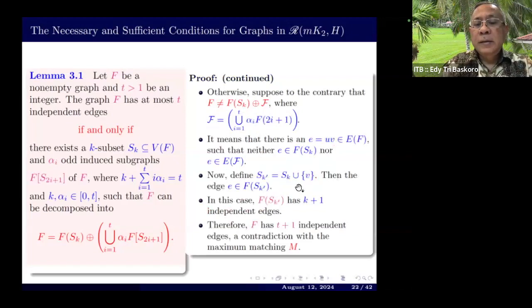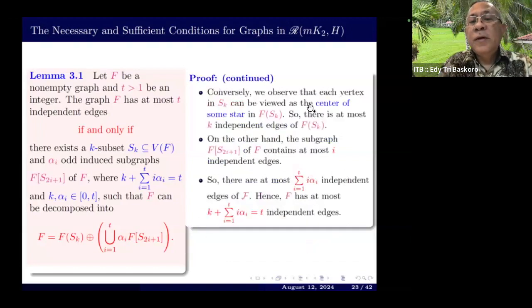Now define this set, then we will have a matching with T+1 edges, which is a contradiction with the maximum matching M in F.